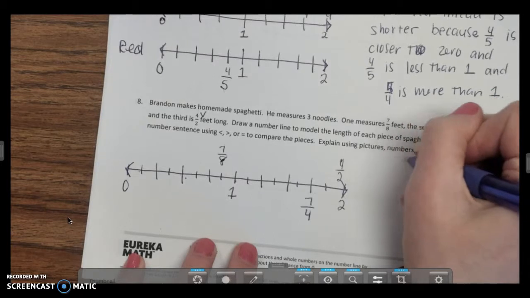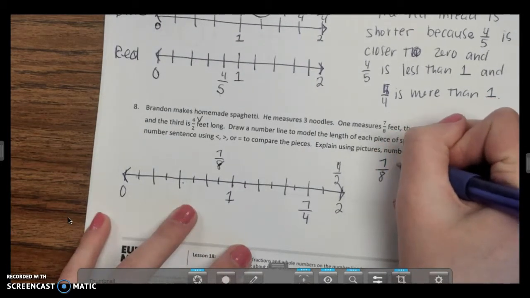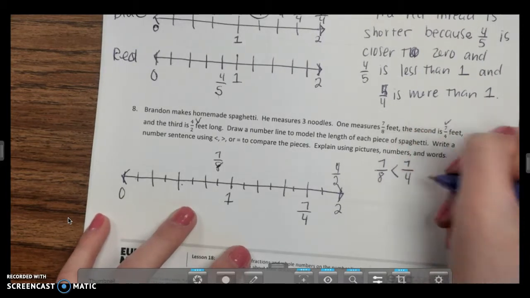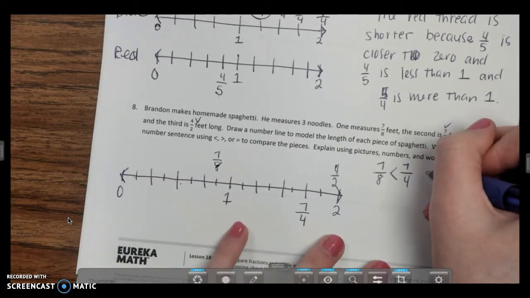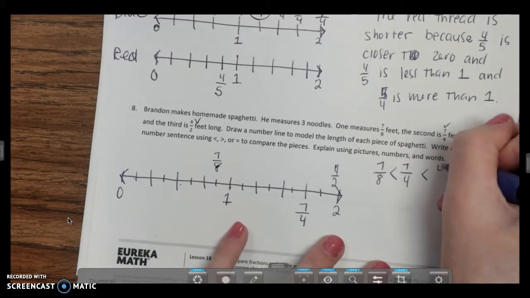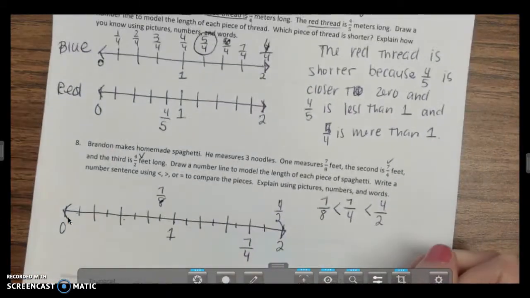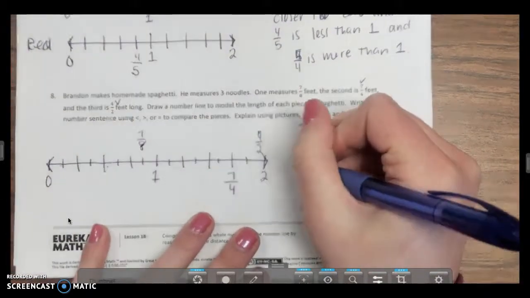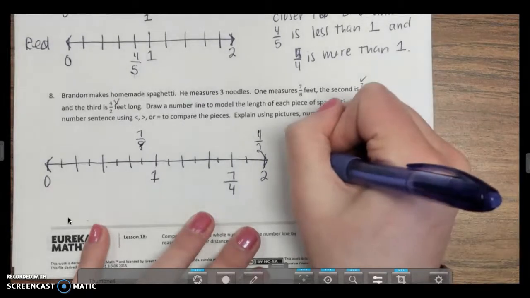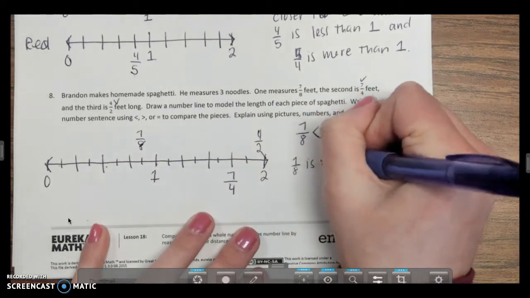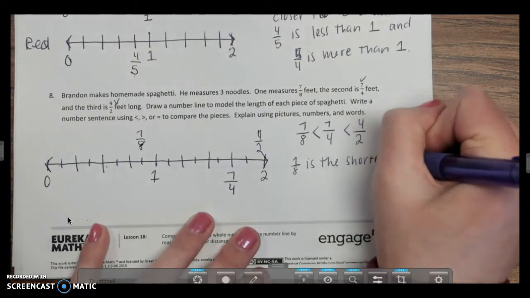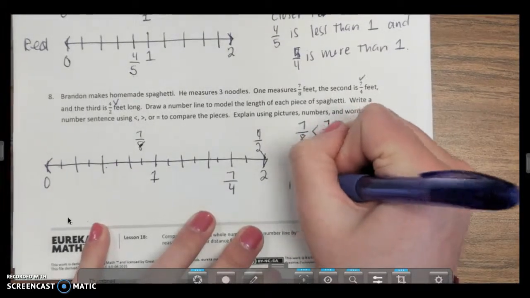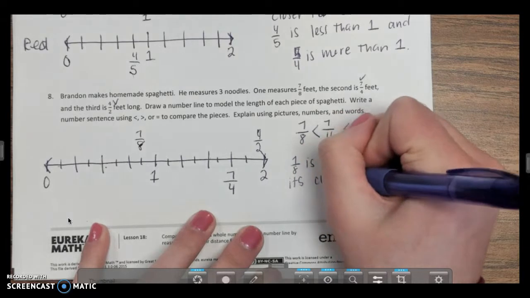My number sentence is 7/8 is less than 7/4, but 7/4 is less than 4/2. Then I'm going to write why and how I know. 7/8 is the shortest because it's closest to 0.